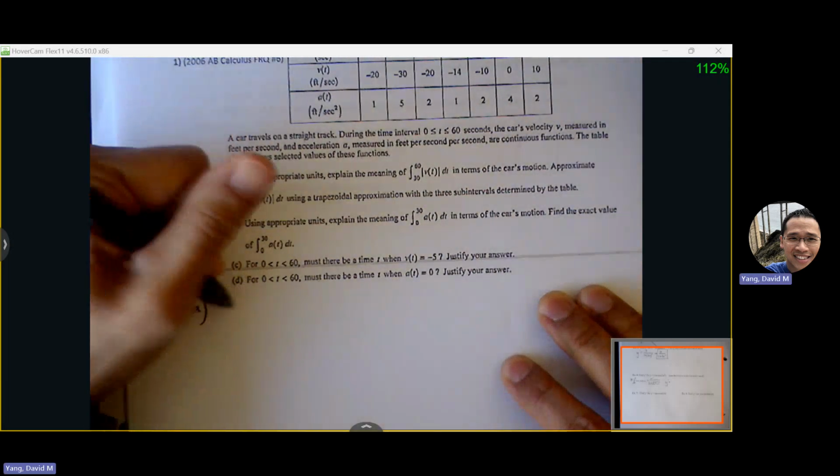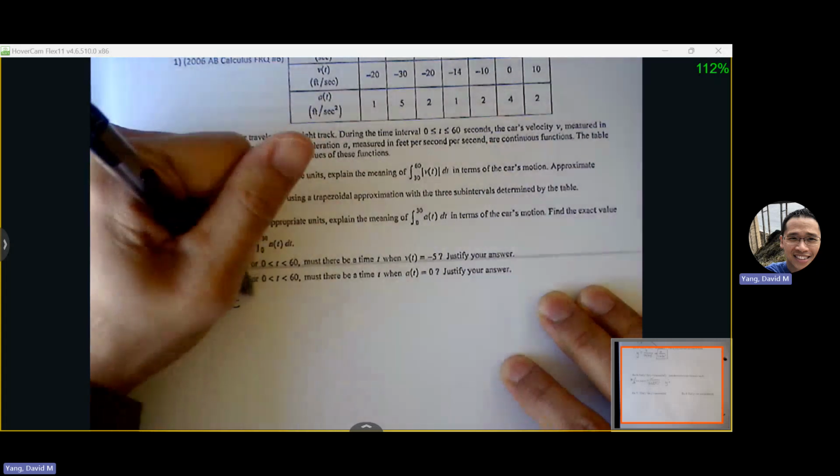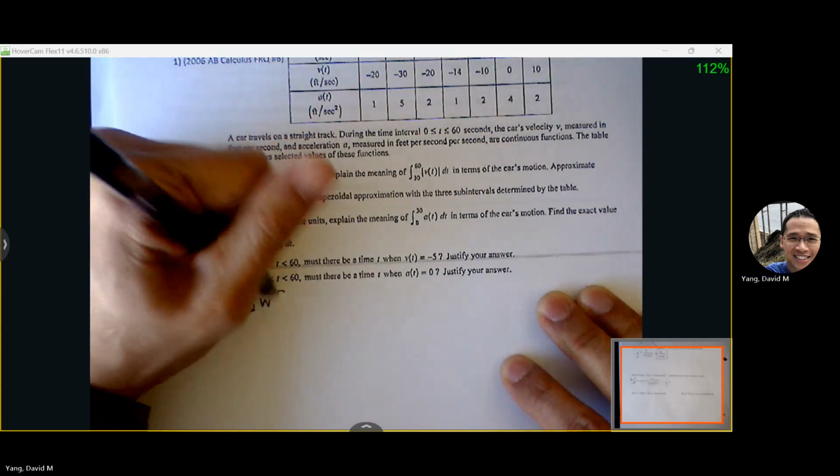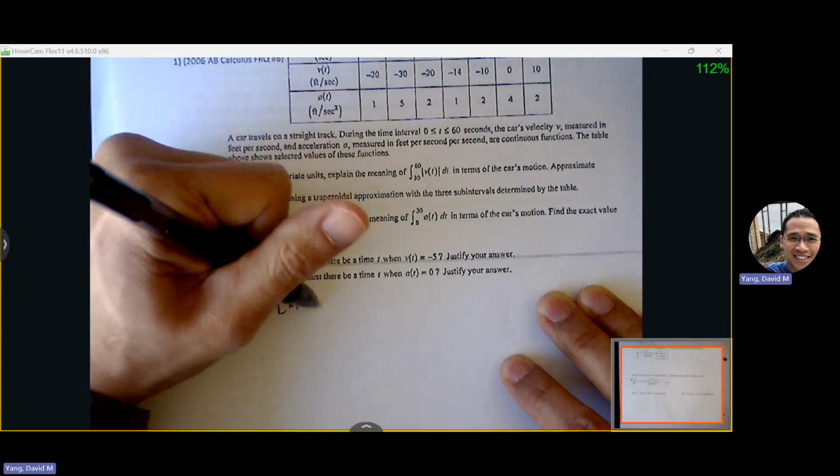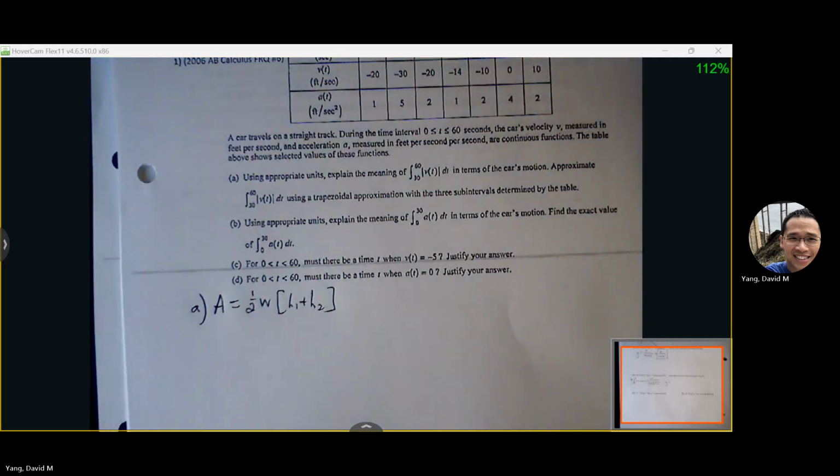In part A, for your trapezoid, remember your area formula for a trapezoid is 1/2 width times height 1 plus height 2.